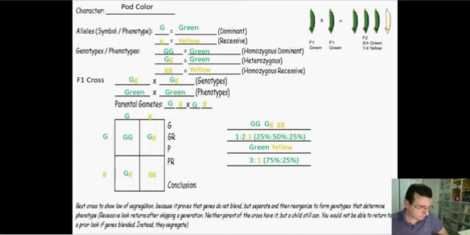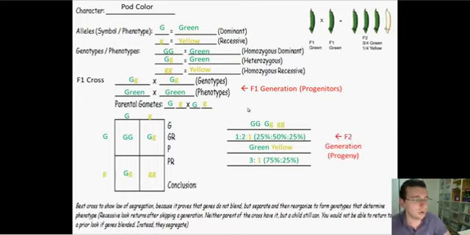Now, what do you learn from this? You learn that when you get the F1 generation, or the children of the parental generation cross, or the P cross, and make them the progenitors of a cross, and you cross them, you're going to get the F2 generation that looks like this.